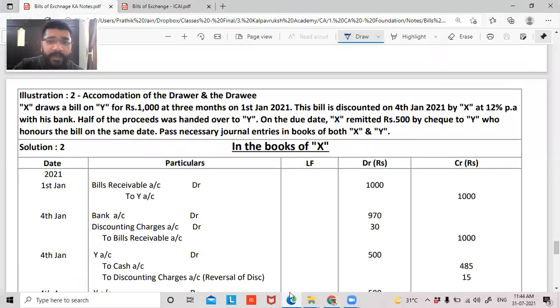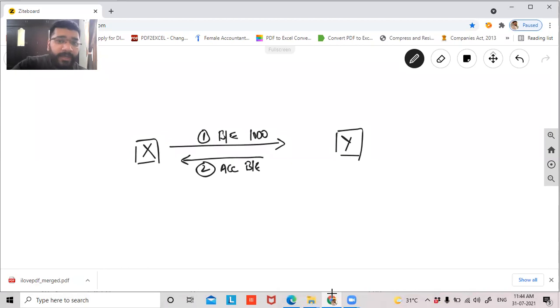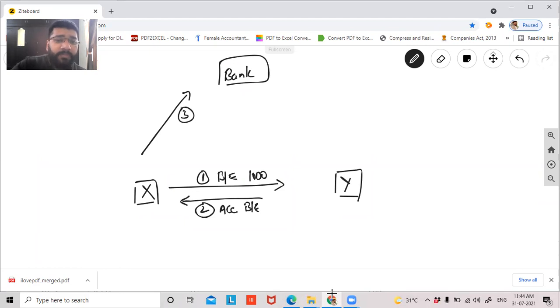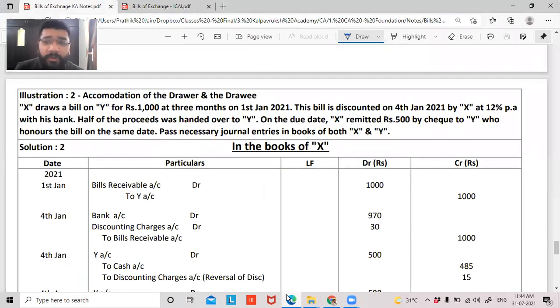And what is X doing? After the bill is accepted, X is discounting this bill on 4th January at 12% per annum. So X is going to the bank and getting this bill discounted. The third step is the discounting step. In this step, the bill worth 1000 rupees will go out and you're getting the amount after 12% discount. Please tell me what would be the interest amount.